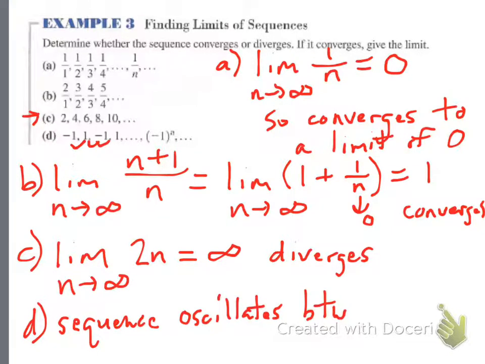So this sequence oscillates between 1 and -1, so there's no limit. It's not infinity, it's not a number, it just goes back and forth. That means it diverges. So that's finding limits.